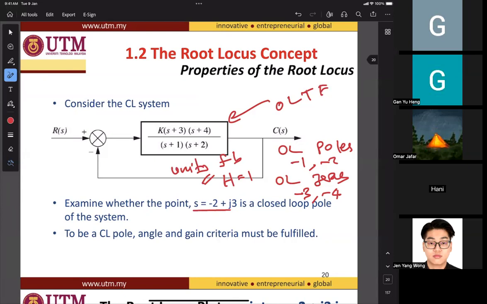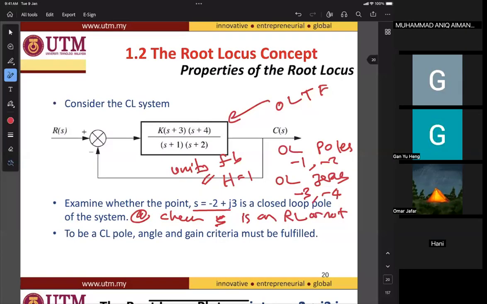Check whether this point is a closed loop pole of the system, or in other words, whether it is on the root locus or not. To be a closed loop pole, it must satisfy the requirement of the angle and gain criteria. Must be fulfilled.